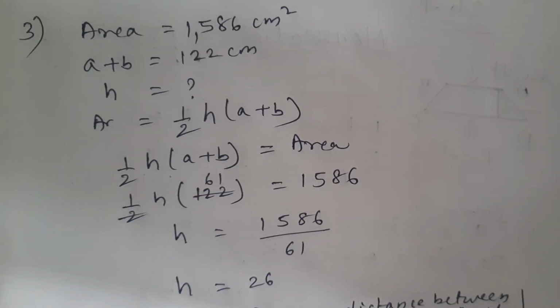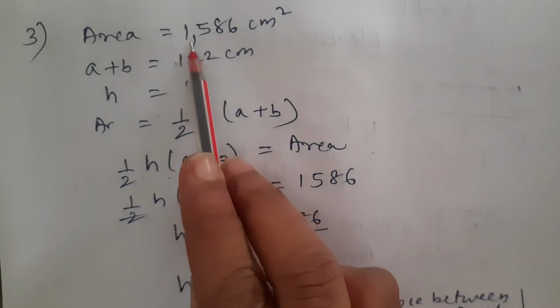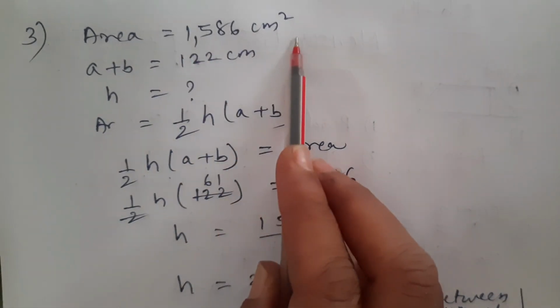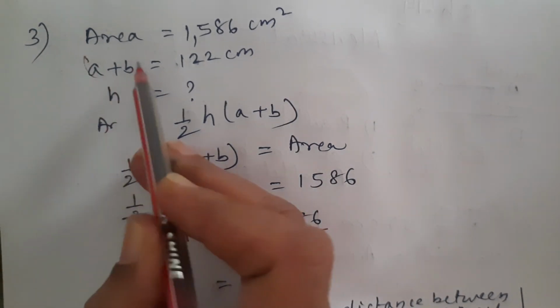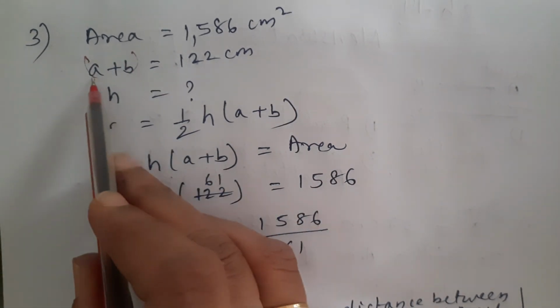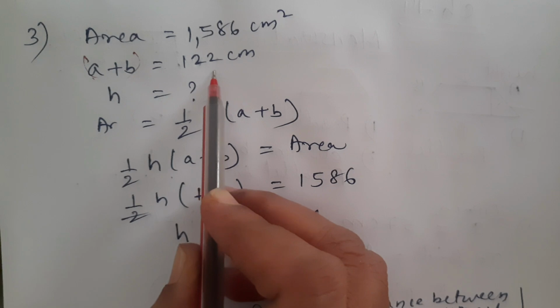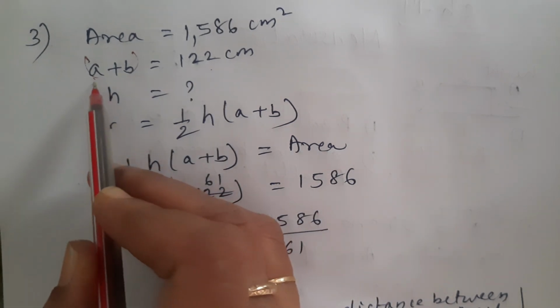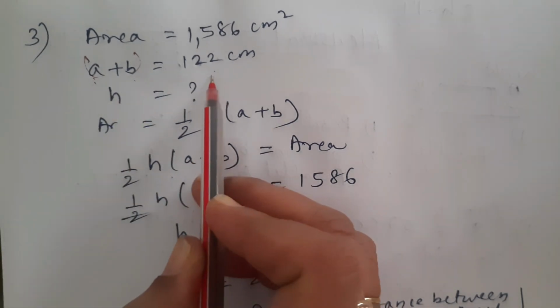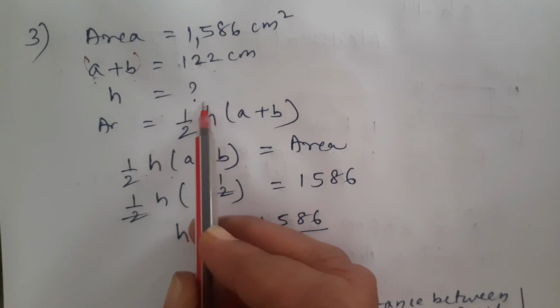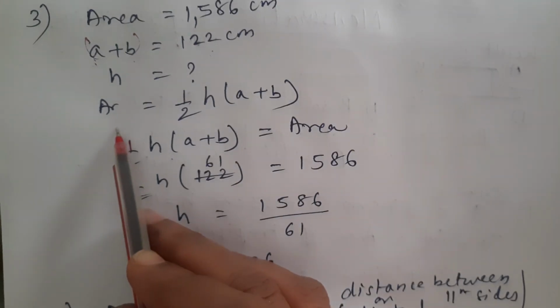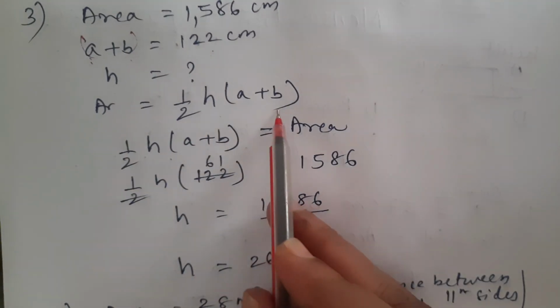Now let's start with the third question, where again the area is given, 1586 square centimeter. Here, instead of giving the sides separately, they gave the sum of the parallel sides as 122, so we take a plus b as 122. Height is the question mark. Area of trapezium is half h times a plus b.